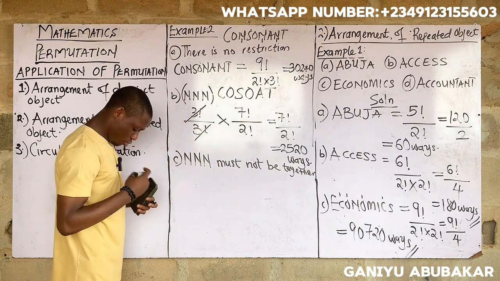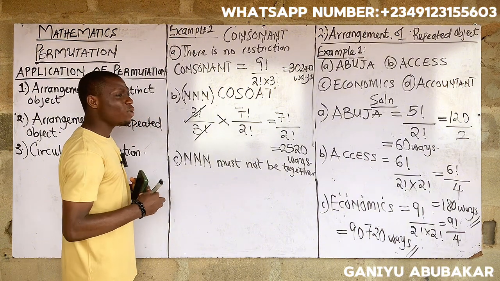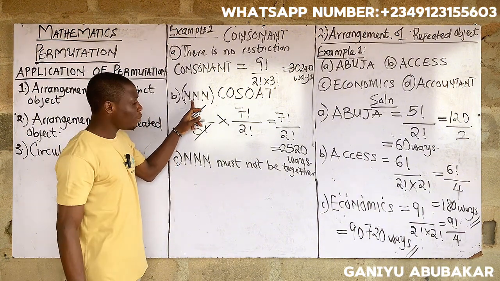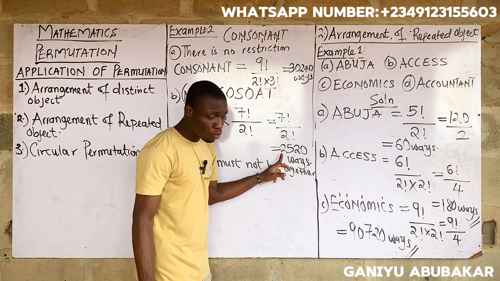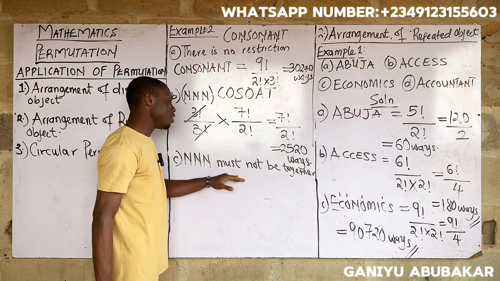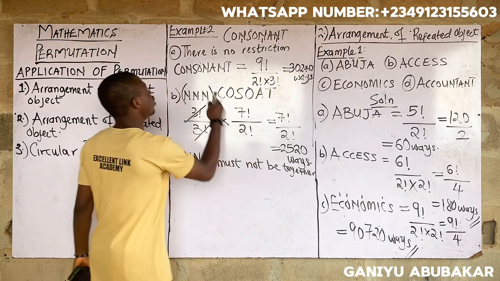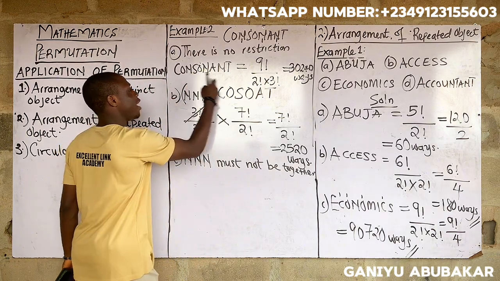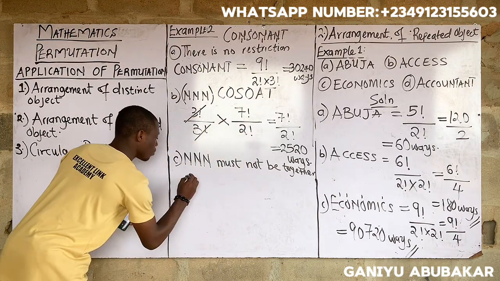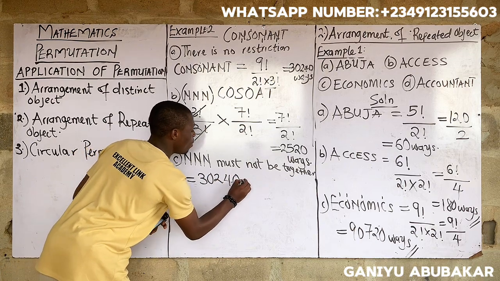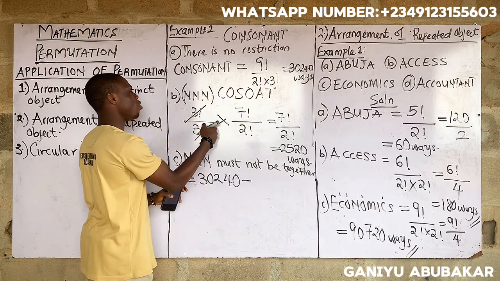It's simple. Observe that we just found N must be together, and we had this. So to get N must not be together, go back to your no restriction value, 30240, and subtract it from must be together.